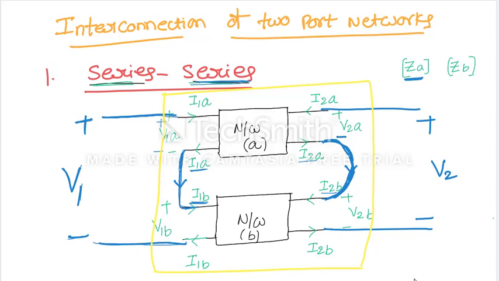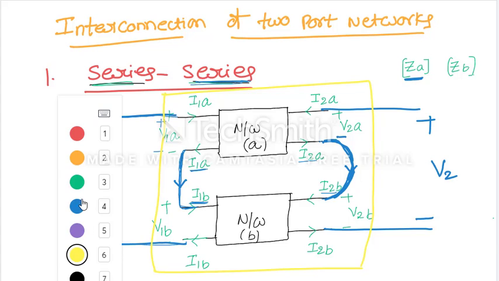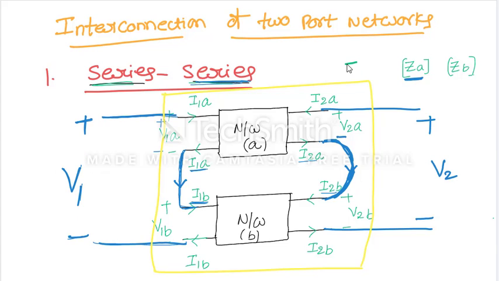I want the Z parameters of this complete network. Then the overall Z matrix is given as ZA plus ZB.